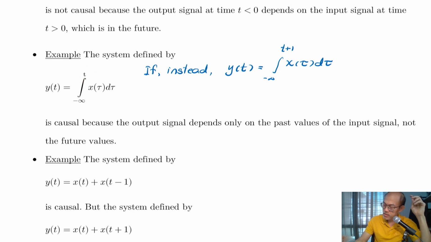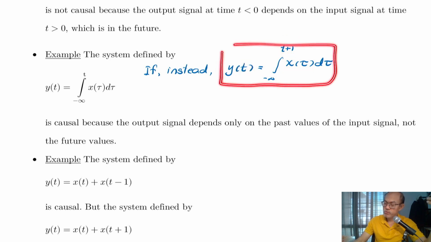So you see, the present value of the output depends on the future value of the input. Because if you want to find the output at time 0, then you have to integrate the input up to time 1, and that would be the future time. So the system defined by this integral will not be causal.